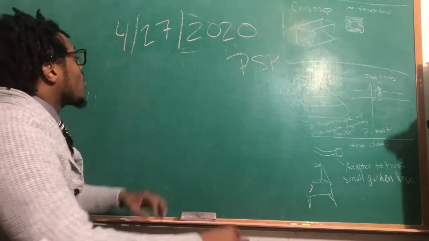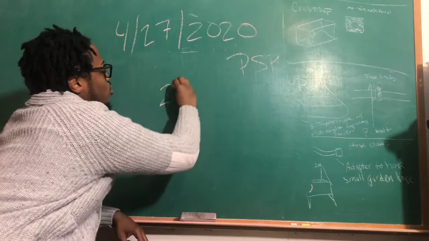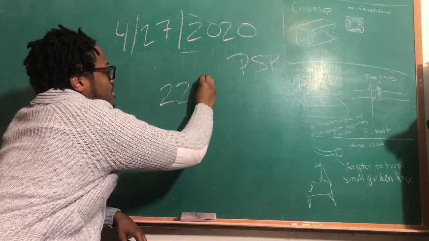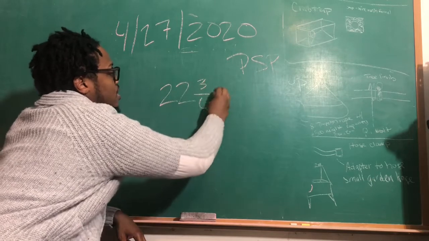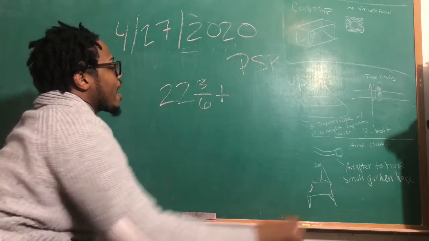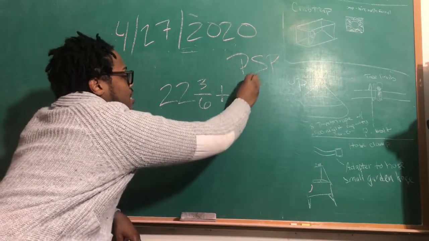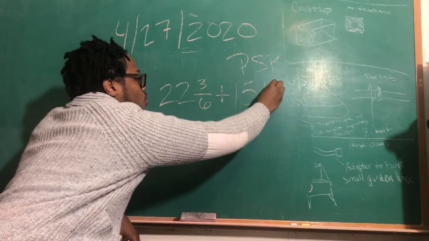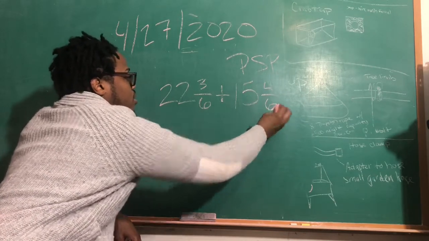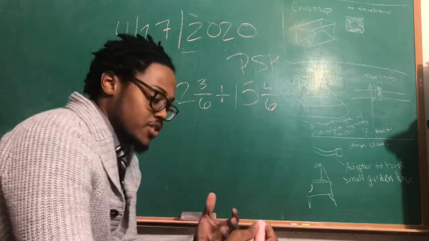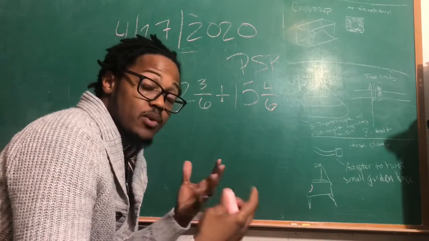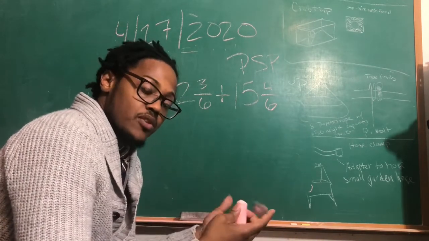So let's say she already has 22 and 3/6 bag of apples, and she actually wants to buy 15 and 4/6 bag of apples. So you're dealing with big numbers here. Well, they're not big, but relatively they're big to the previous number we did.